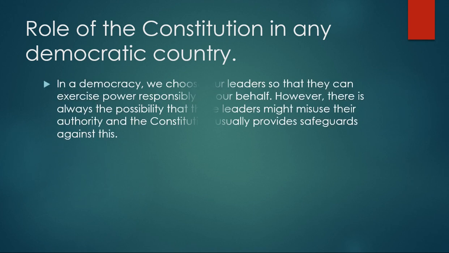Like the first role: in democracy we choose our leaders, as we discussed earlier also, and these leaders exercise power responsibly on our behalf. However, there is always the possibility that these leaders might misuse their authority, and the constitution usually provides safeguards against this.